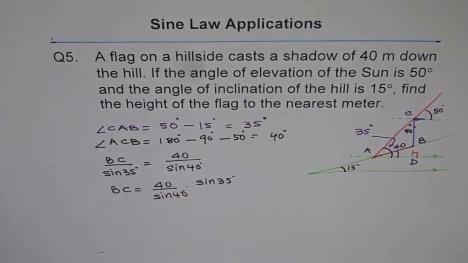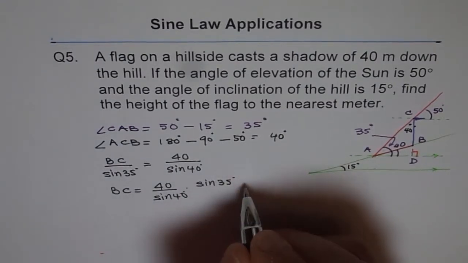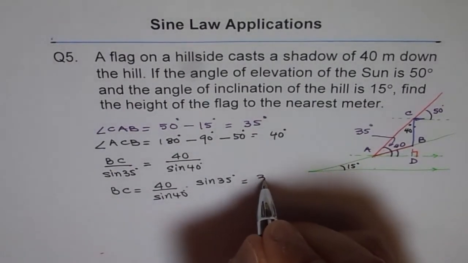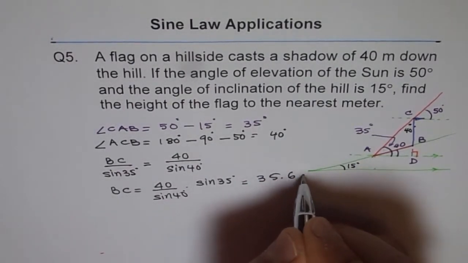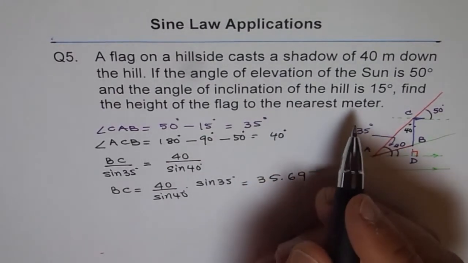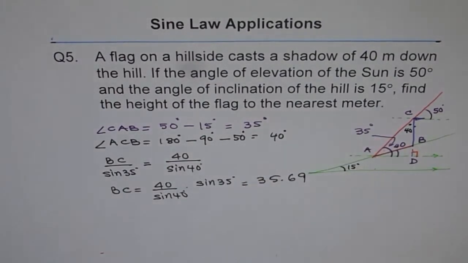And we can use our calculator to find the answer. So we get 40 divided by sine 40 times sine 35, which is 35.69. We want the nearest meter, so it is 36 meters for us.